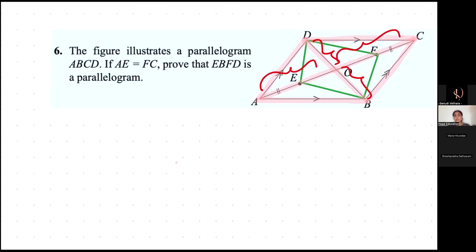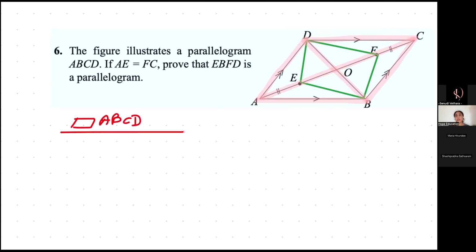So I will write that. Your answer should be very clear for anybody who is correcting, right? So ABCD parallelogram එක ගත්තොත් AO is equal to CO and DO is equal to BO.